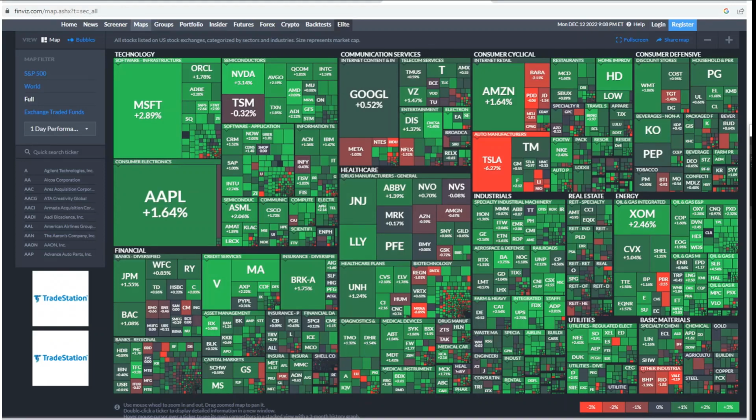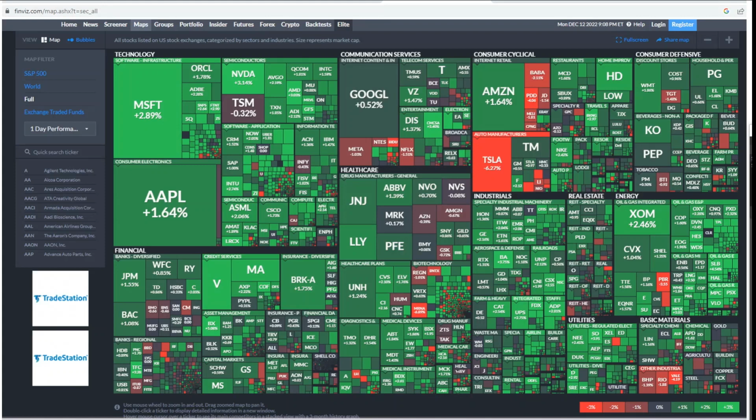Here is a stock market map. This shows us different stock symbols separated into different sectors, such as the technology sector, the financial sector, communication services sector, consumer cyclical sector, and many more. Note, in this picture, the bigger the box, the larger the company is worth.